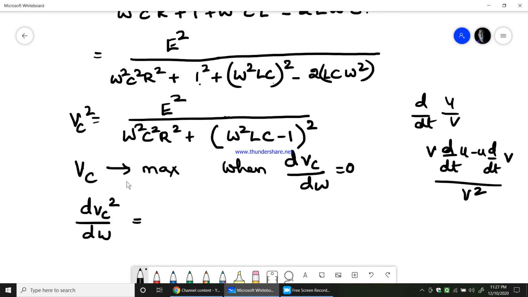If you apply that formula, this whole thing is u.